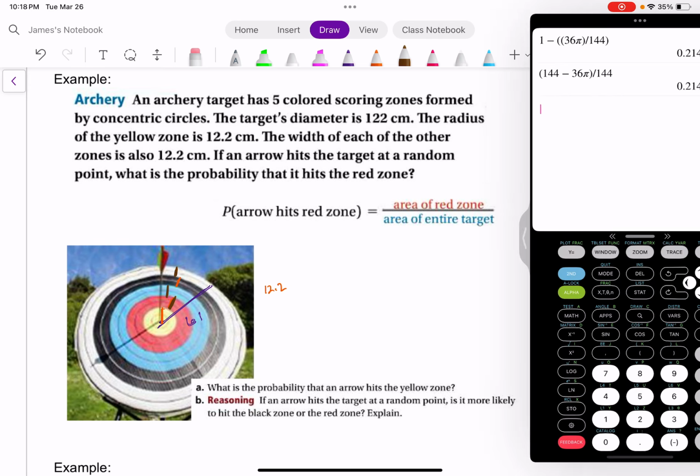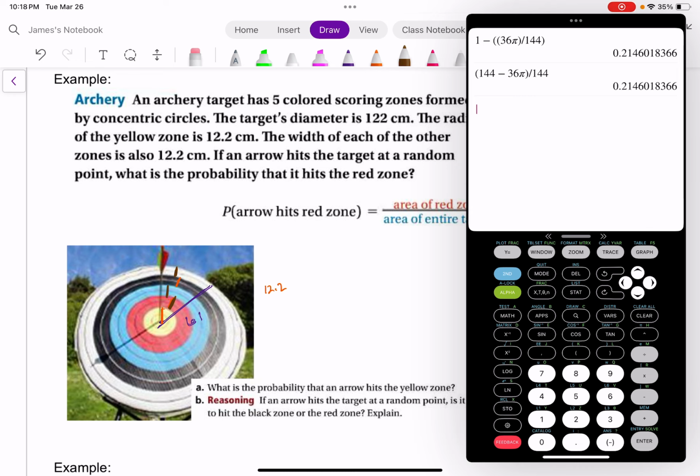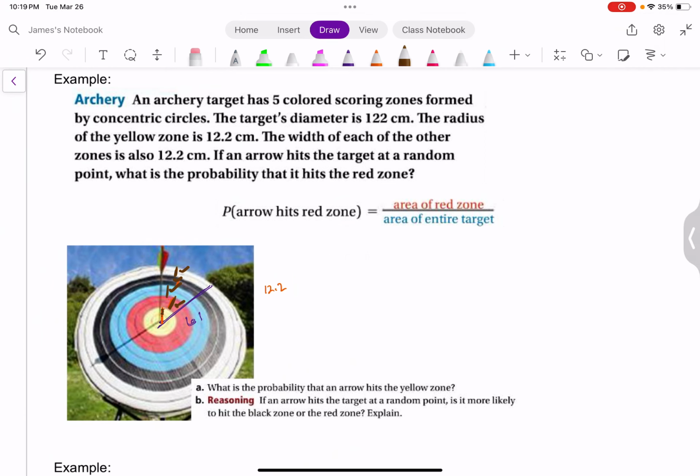And if I do that correctly, so that yellow radius is 12.2, and then I've got another, so a second one, a third one, a fourth one, and a fifth region with the 12.2. Multiply that by 5, it should get 61. So that confirms to me that I've got the right idea here for determining the areas that I'm interested in.